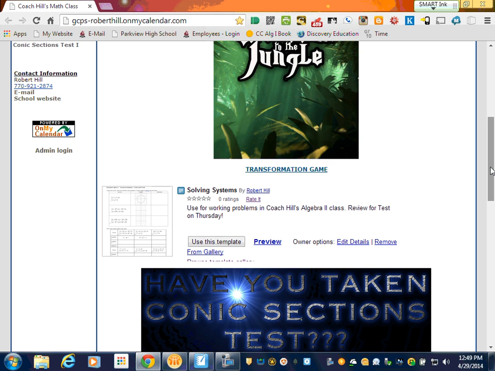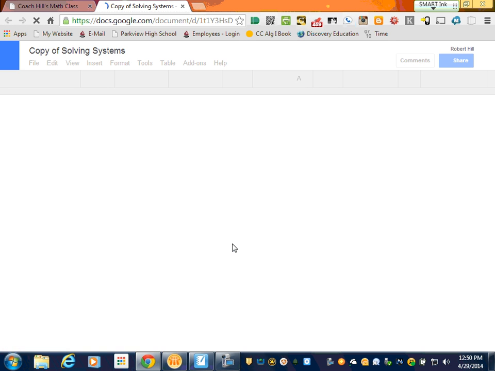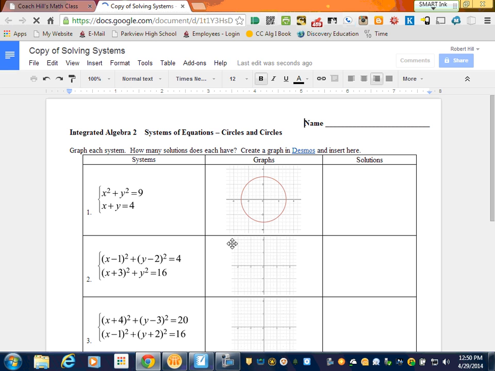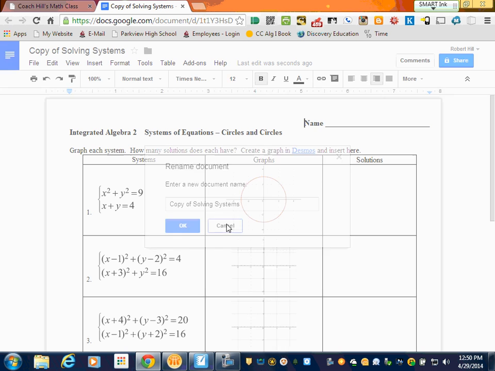We're going to do this like we did before. You're going to use this template, then you're going to share that data with me, and then I'll be able to see it. Okay? When you click on Use This Template, it's going to give you a document. Again, change your name. Click up here, change your name. Take out copy of, put in your name.